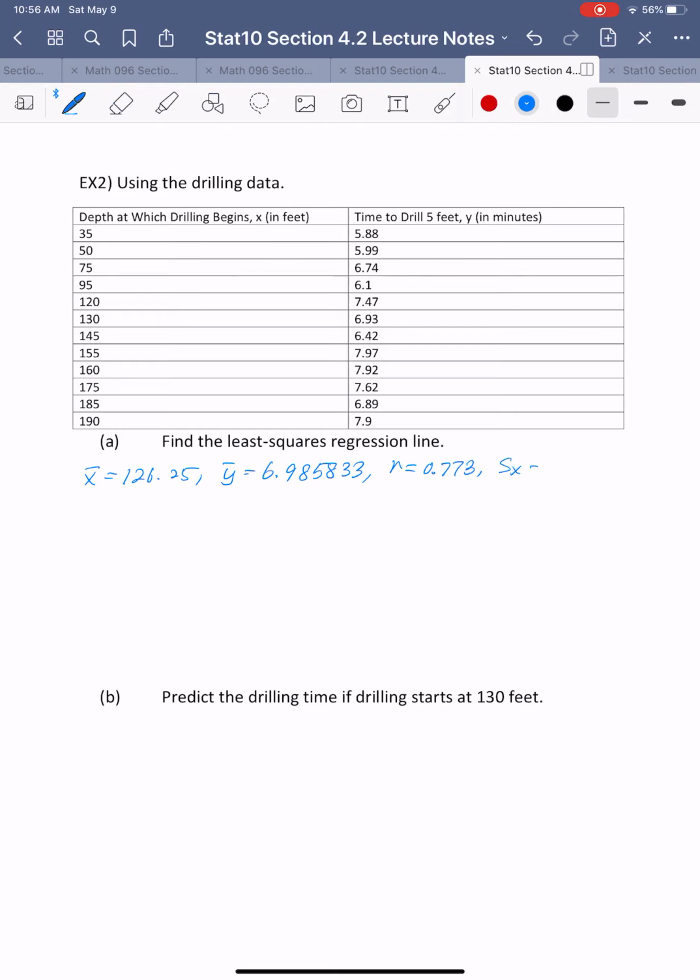And S of x is 52.22874. And S of y is 0.780774.